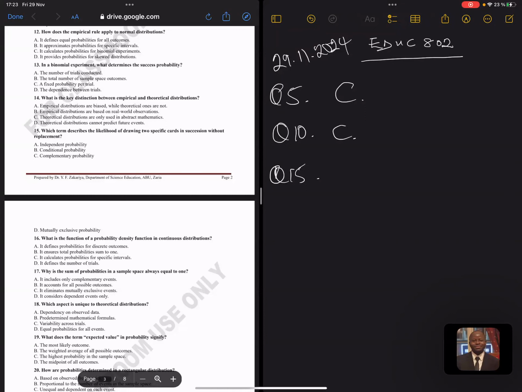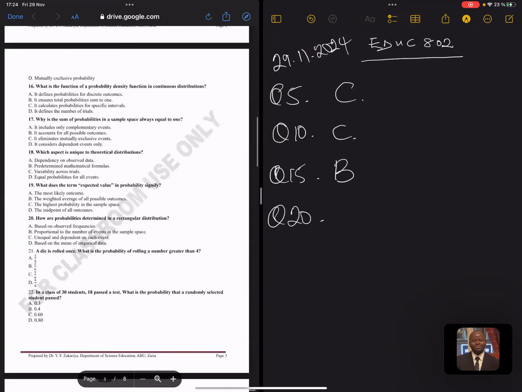Is the question difficult or are people afraid to talk? Conditional. Conditional probability, sir. Wow, excellent. The answer is conditional probability, because the probability of drawing the second card is dependent on that of the first one. So it is conditional probability, and the answer there is B.